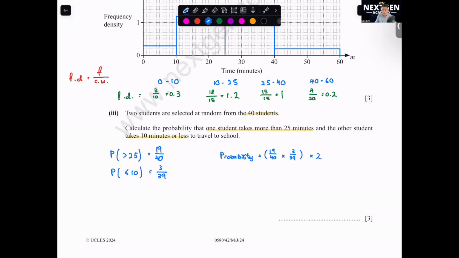Then you multiply it by 2. You have to multiply by 2. If you do this only, I think you will get 1 mark. Okay, 19 over 520 times 2. This will be 19 over 260. Okay, let's move on. Next one.